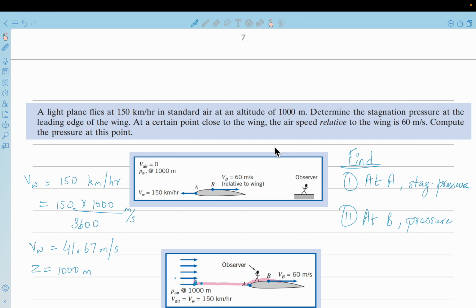Okay, go back to this picture when the observer was standing on the ground. So what is happening here? The wing is moving. So this is an unsteady flow. Do you agree?